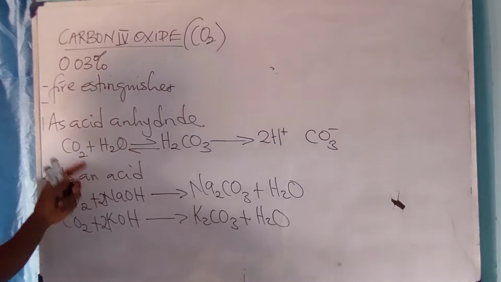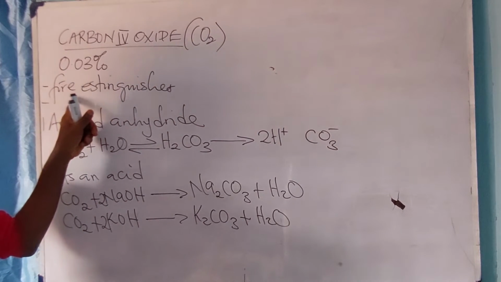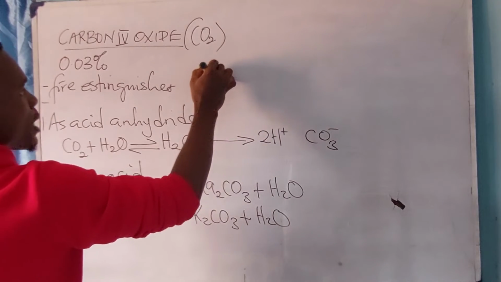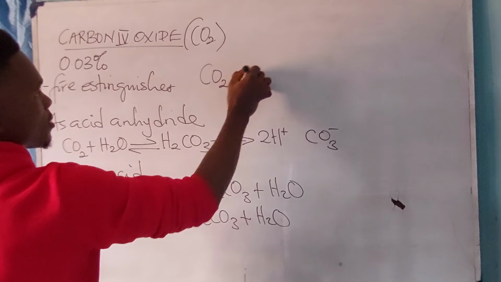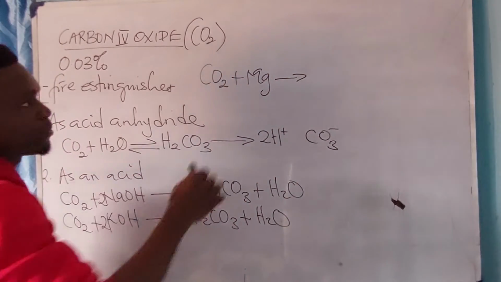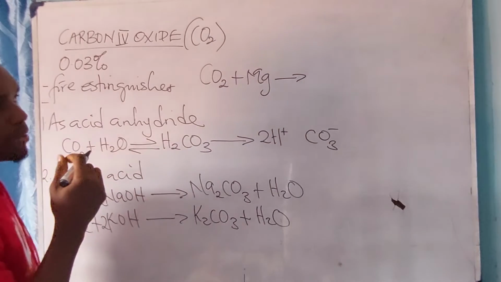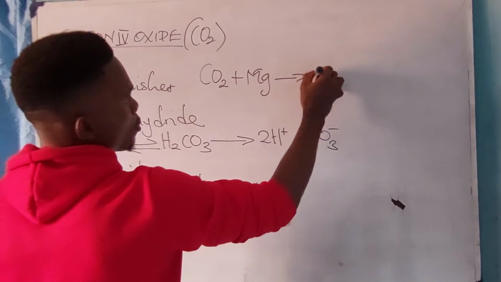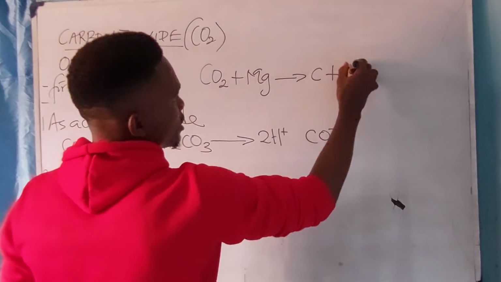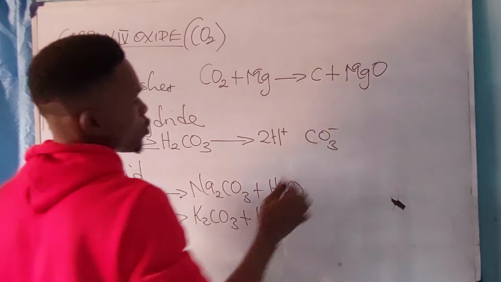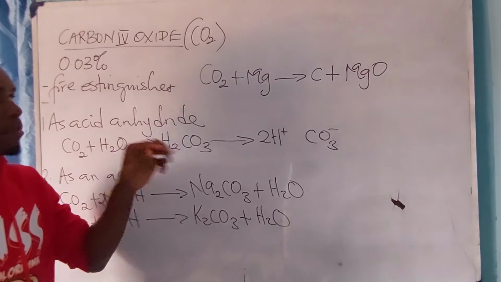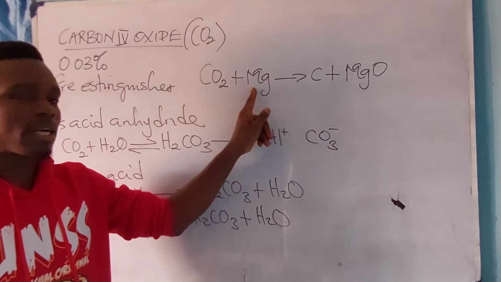It does not support burning, but it permits the burning of magnesium. When it burns with magnesium, a black speck of carbon is deposited and a whitish powder of magnesium oxide is produced. I repeat, it does not support burning, but it allows the burning of magnesium.